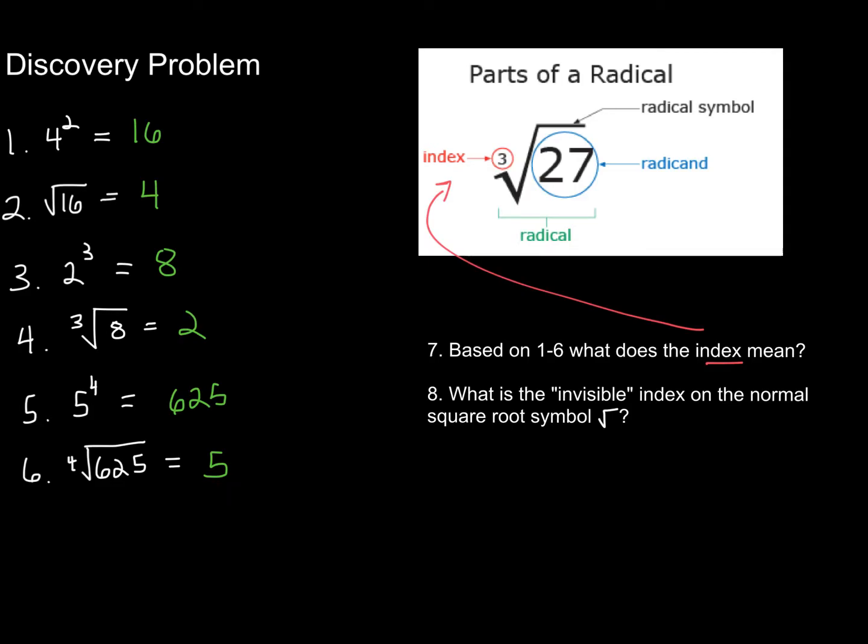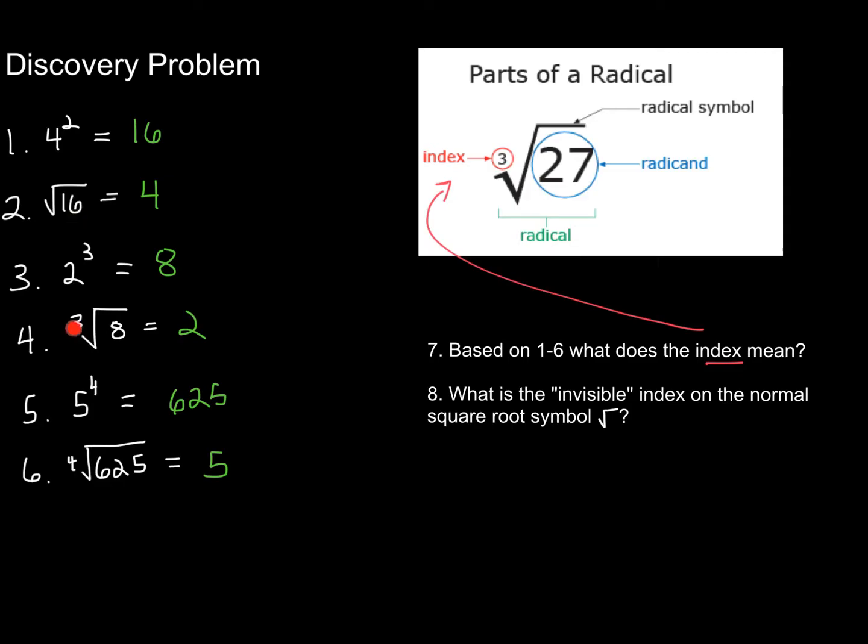So based on this, we should be able to identify exactly what the index in a radical expression indicates. Here we are taking the square root of 16, which means that we are looking for a number, the root, that I can multiply by itself 2 times to get 16.